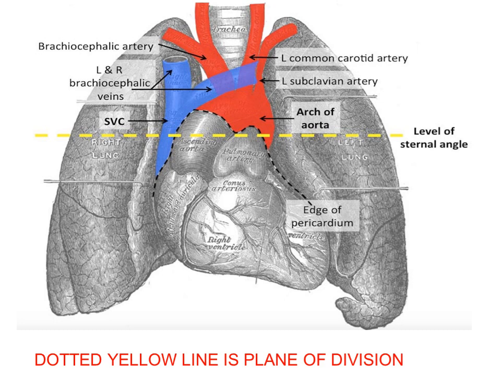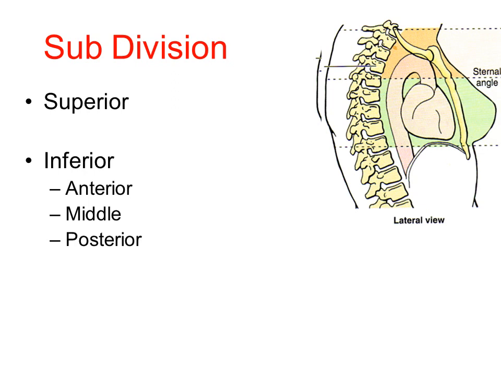Below this line, we have the inferior mediastinum, and in the middle we can see the most important viscera, which is the content of the middle mediastinum, that is the heart. This is depicting the subdivisions of mediastinum, superior and inferior.